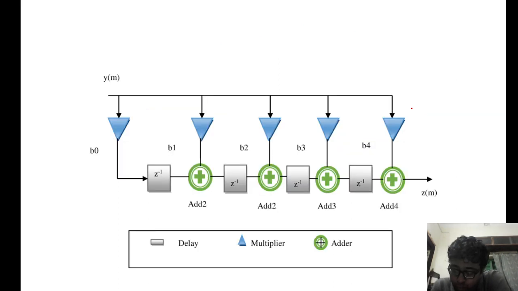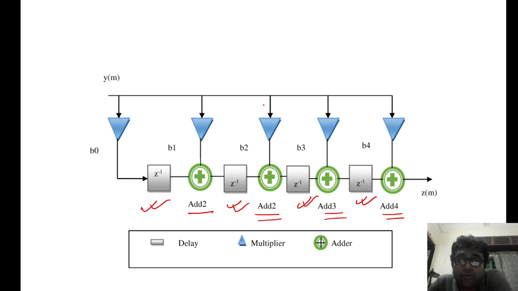This is also a very good example of a DSP block diagram. These are the delay elements. These are the adders. Okay, and these are the multipliers.